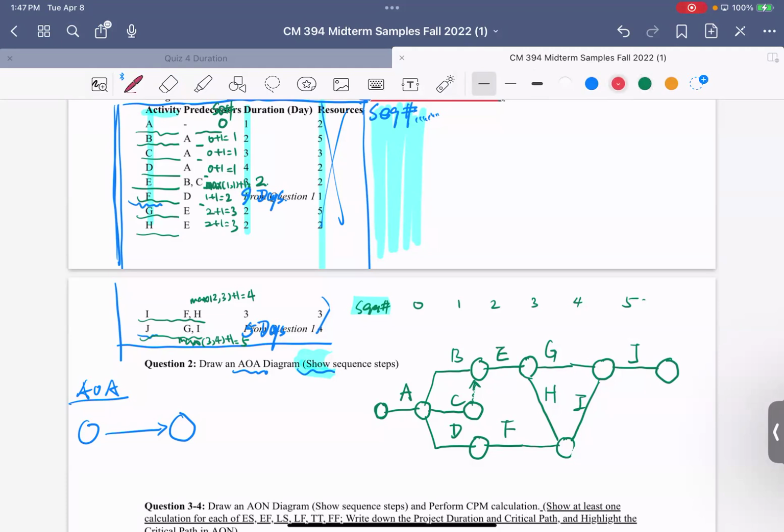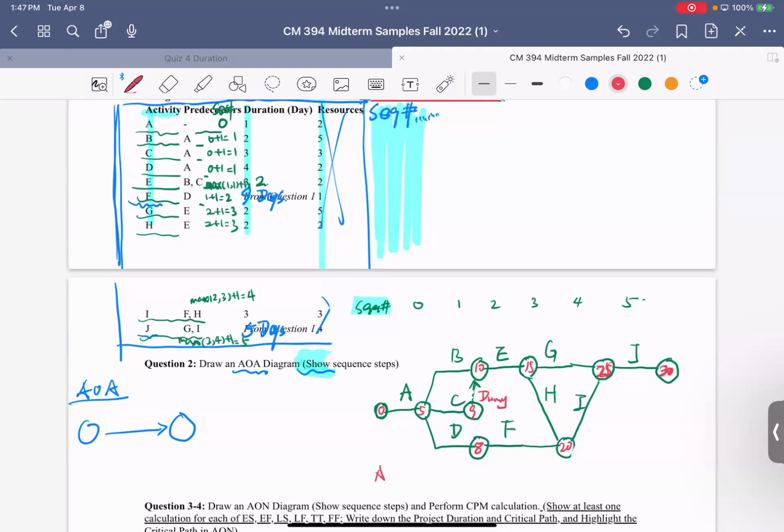So we have 0, 5, 9, 10, 8, 15, 20, 25, 30. And we can check. Oh, don't forget to mark this one as the dummy.